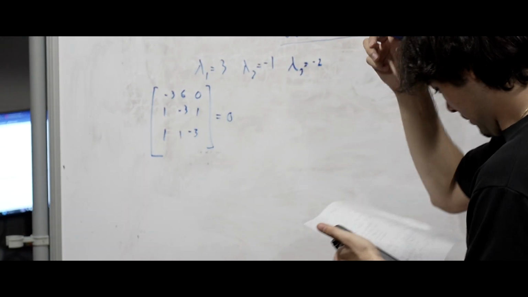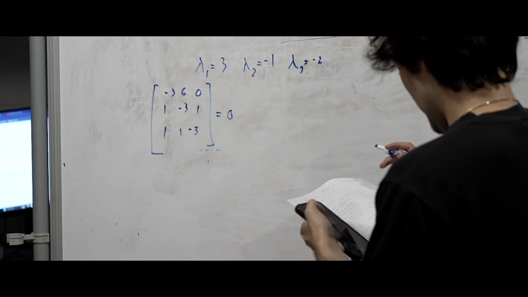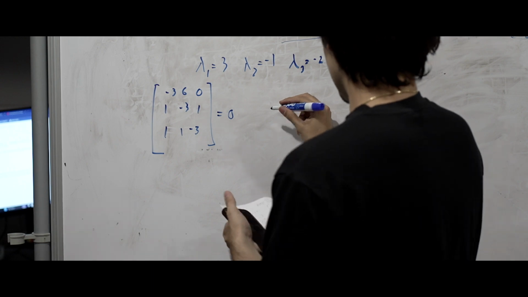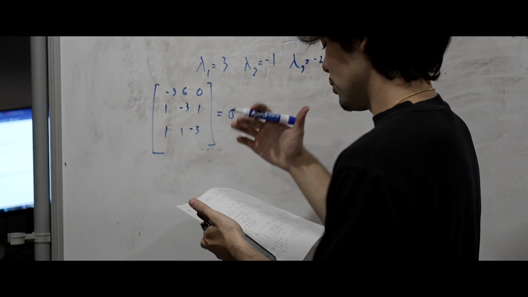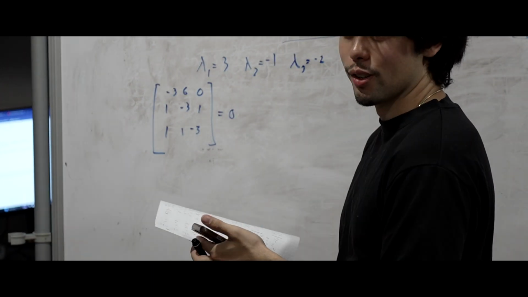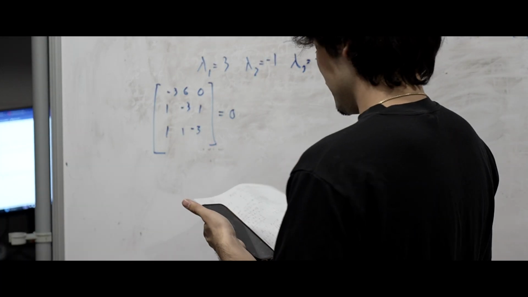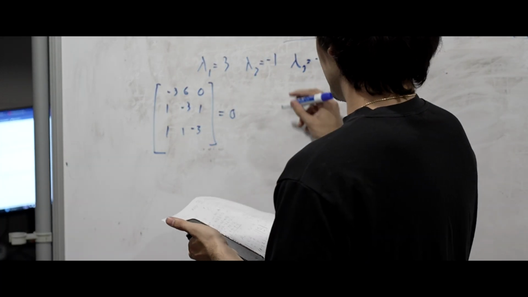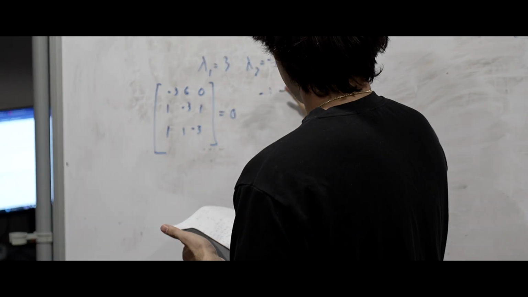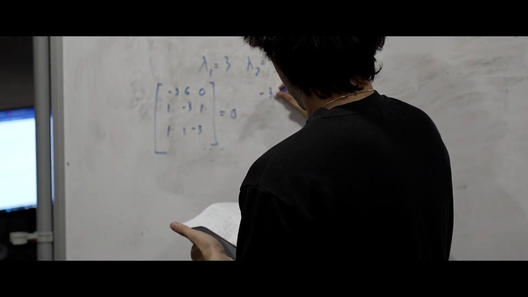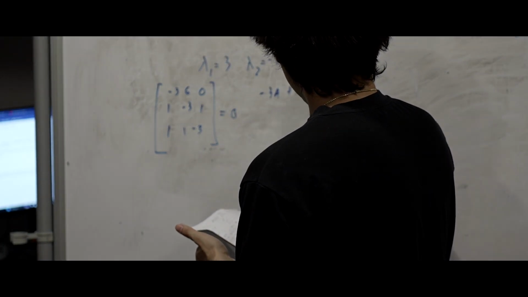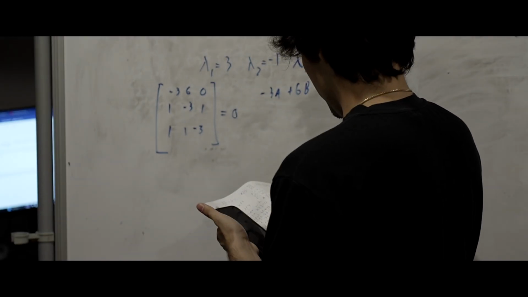Good, okay. So what we're going to do is make a system of equations. People like to use x1, x2, x3, or something of that sort. I like to just use a, b, and c. So we're going to say -3a plus 6b equals 0. Okay.